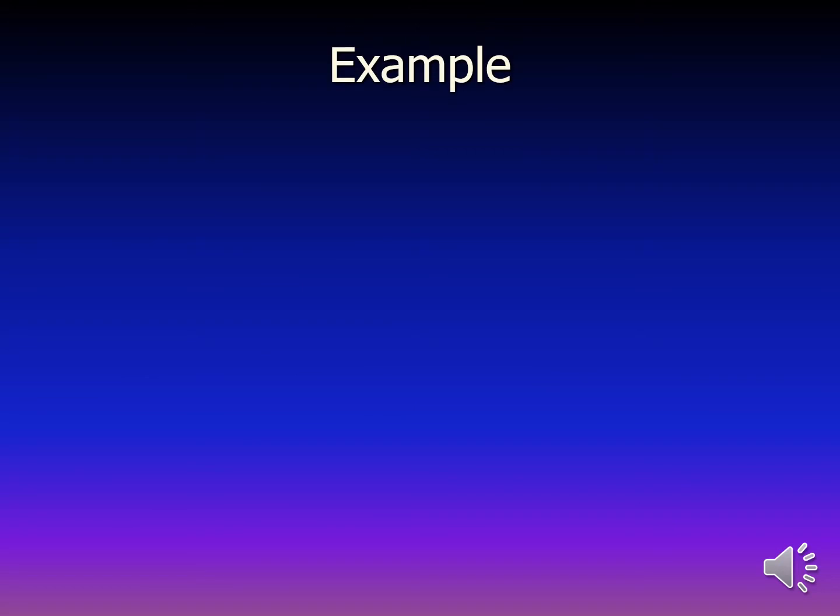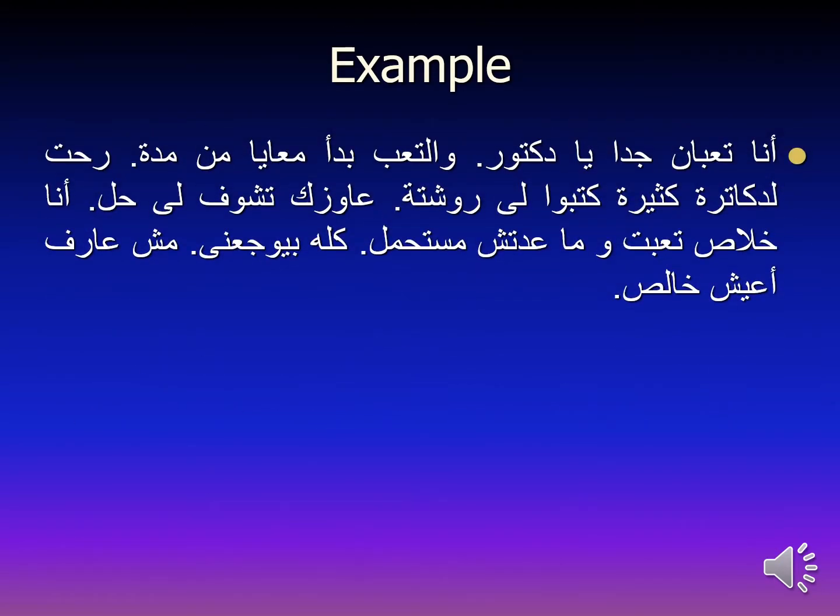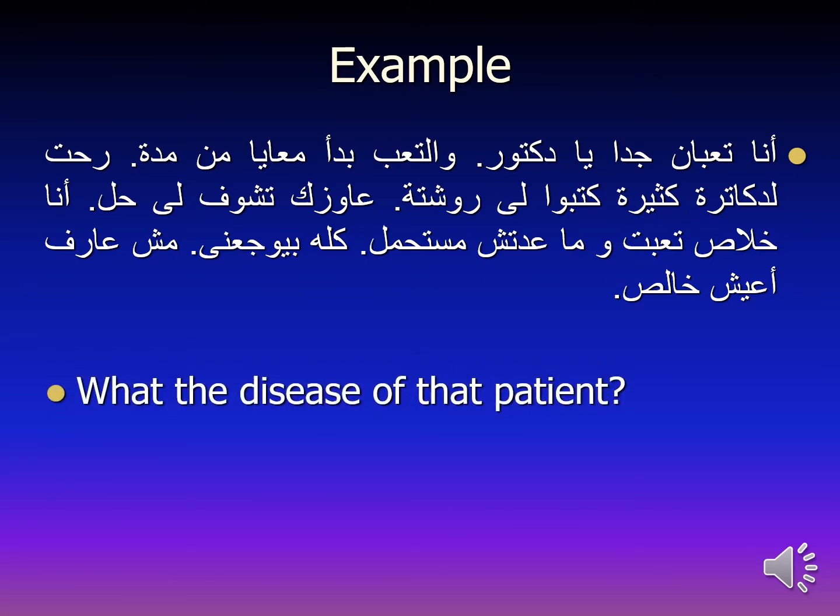This is an example. I will let you read it. It's a common sentence which you can hear from a lot of patients, but it is not systematic and it's not useful, because you can't answer these questions. What is wrong with that patient?